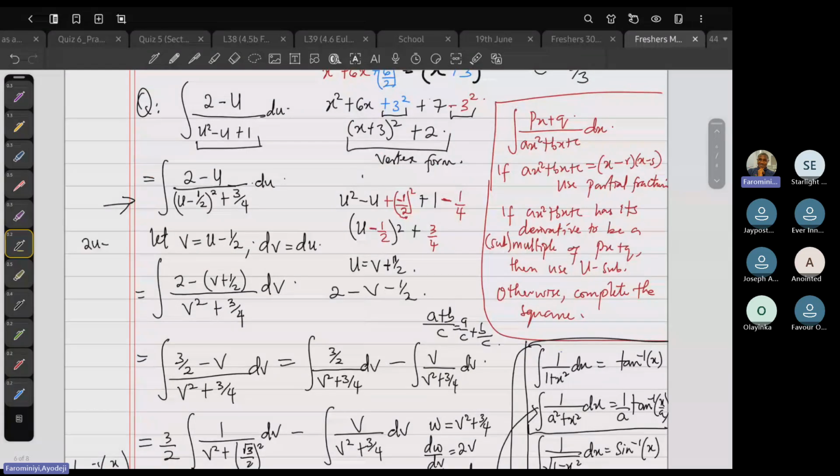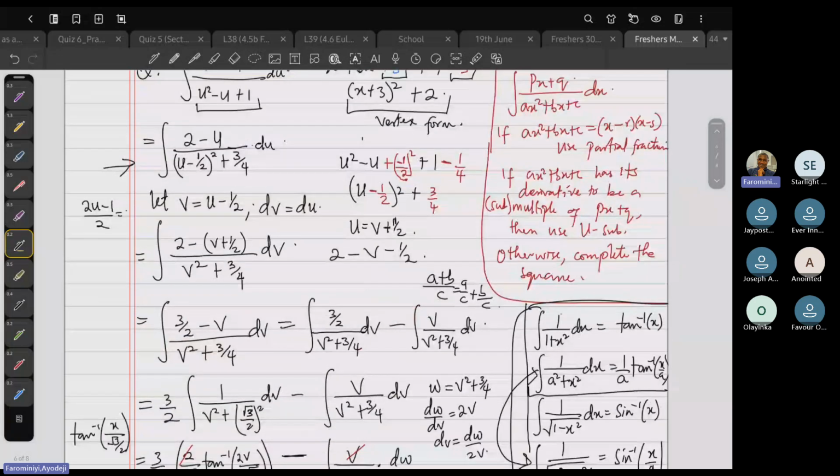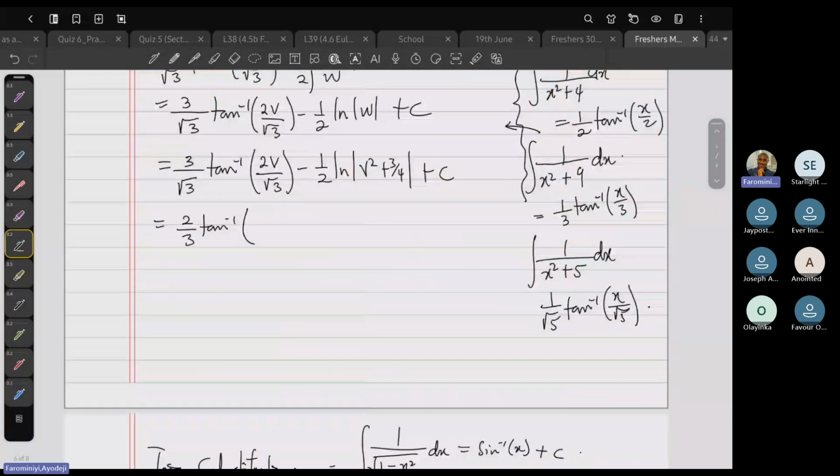That is 2U minus 1 over 2. So if V is 2U minus 1 over 2, this will be 2 times 2U minus 1 over 2 over square root of 3 minus half natural log.